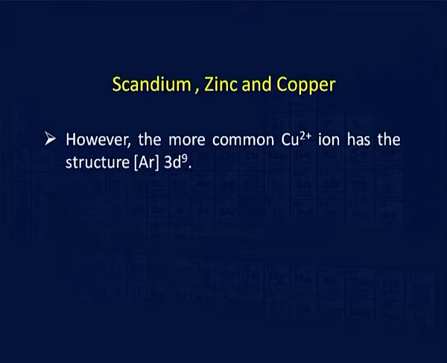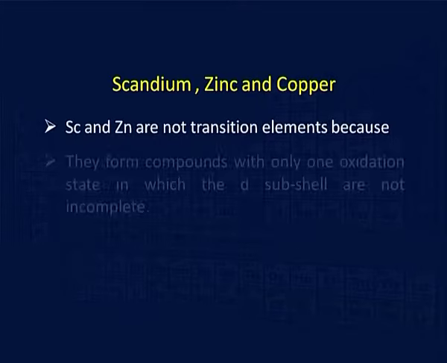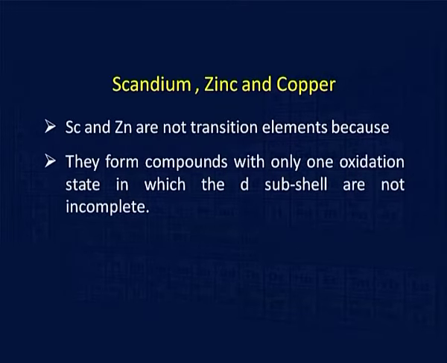However, as I said, copper has a +2 oxidation state. In +2 oxidation state, copper will have 3d9 electronic configuration, which contains one unpaired electron, and therefore copper in +2 oxidation state is called a transition element or transition metal. And therefore, copper is of course a transition element, while scandium and zinc, due to unavailability of d electrons, are out of the transition series.